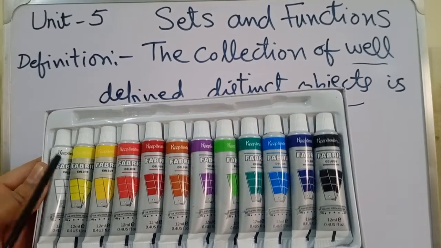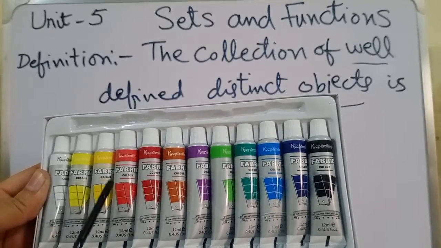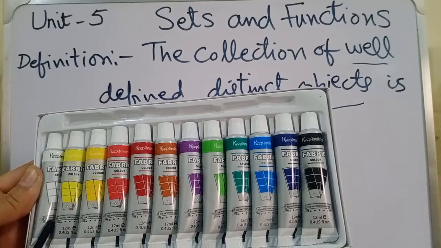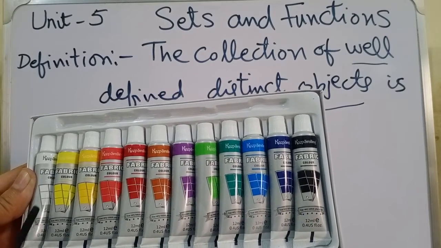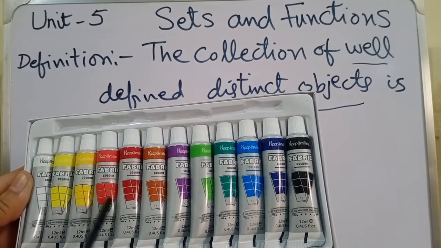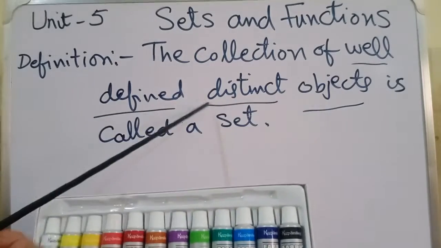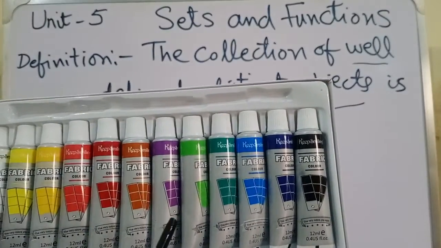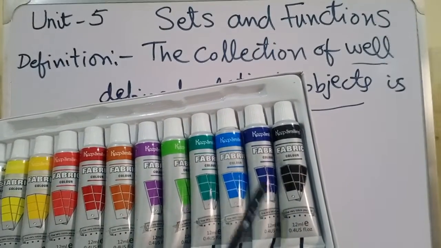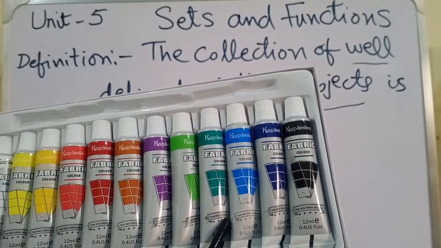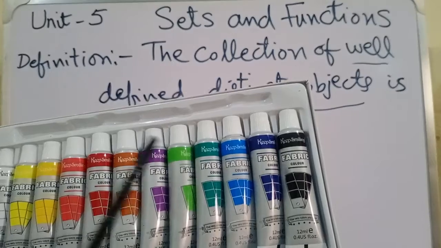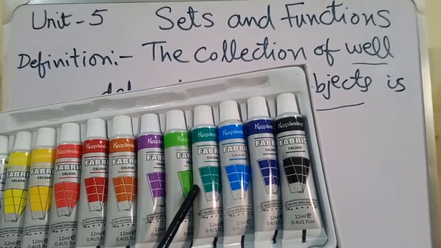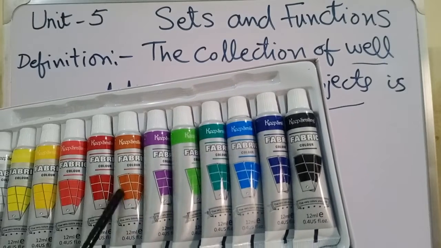Because these show their individual color. These are not in the same color. These are individual colors, but they are all distinct and well defined, and they are the same because they are colors, but they are not the same in color because it's black, blue, green, purple, brown.